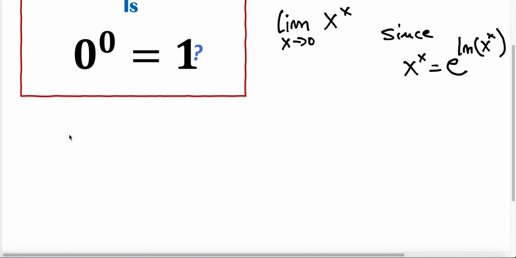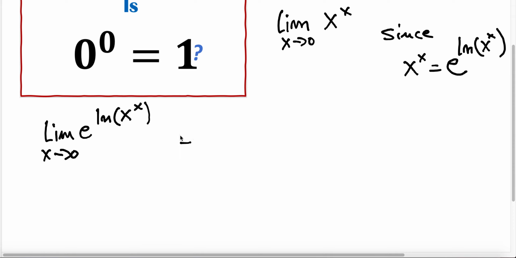And now let me write this limit in this form here. So limit x goes to 0, instead of x in exponent x, I am going to substitute e in exponent ln x in exponent x.